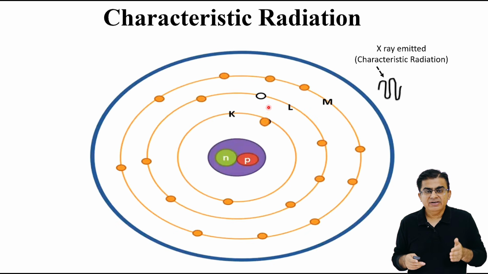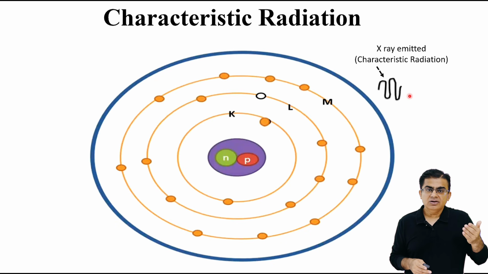Because every single element has its own unique set of electron shells, these binding energies are completely different for every element. Therefore, the energy of the resulting X-ray acts as a precise physical fingerprint for a specific target material.